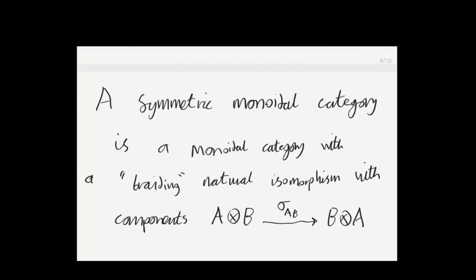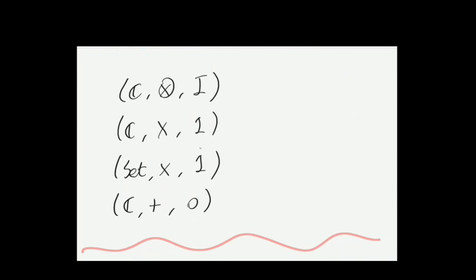Indeed, this category that I was talking about before, where we use the Cartesian product as our tensor product and we use set, isn't just a monoidal category, it is a symmetric monoidal category. Quite a few monoidal categories that one encounters turn out to be symmetric monoidal categories.